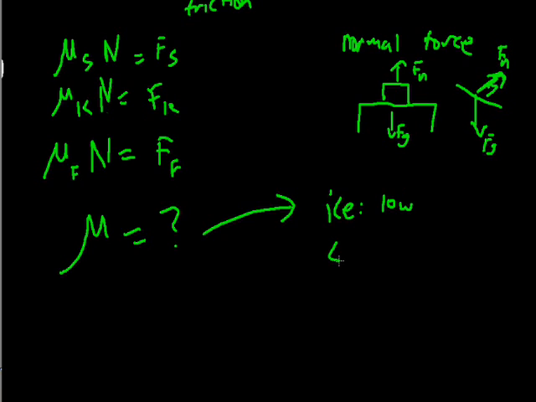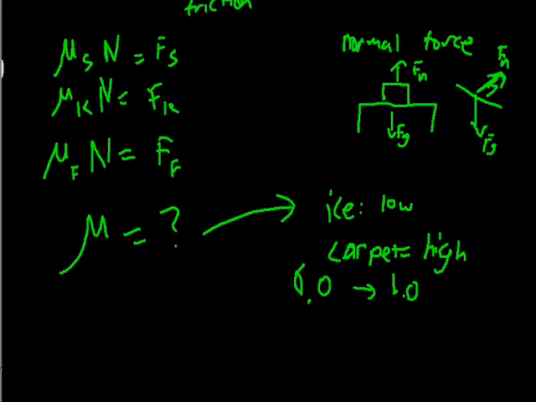If we were to look at carpet, and this is like the very rough brand of carpet, this might be a high coefficient. Usually they range between 0.0 and 1.0. There are some that are very high, but this is usually the general range for them.